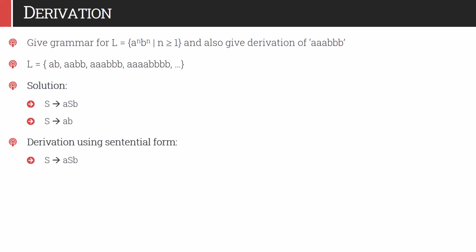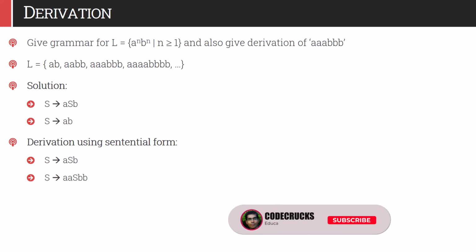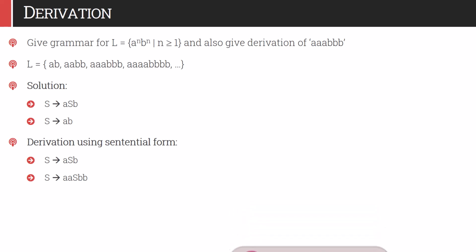Let us see the derivation. So we are starting with S gives ASB. We are using the first production rule. So we have double A, S, double B. Now we will not replace capital S by ASB because we want a string of length 6 only. So that S will be replaced by the second rule, that is AB.